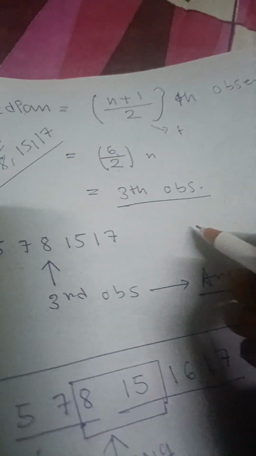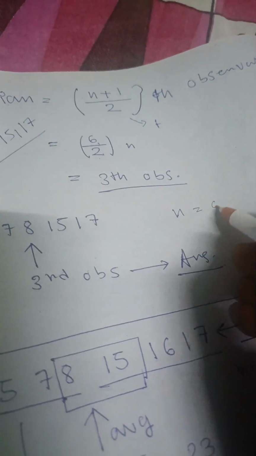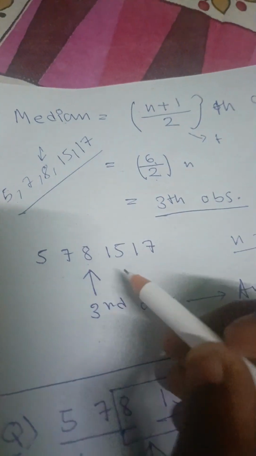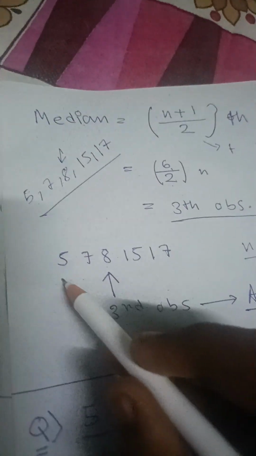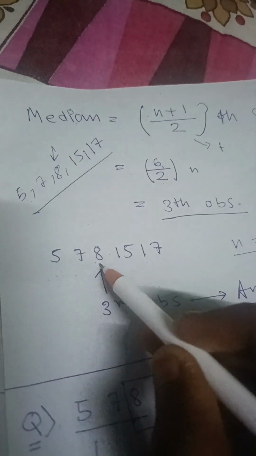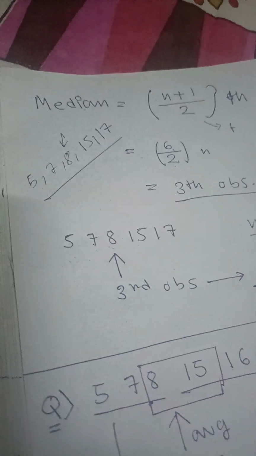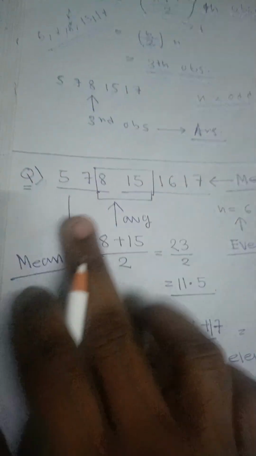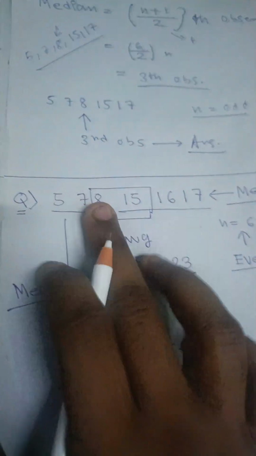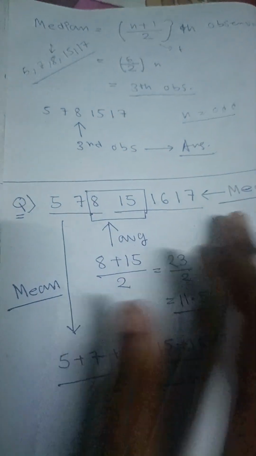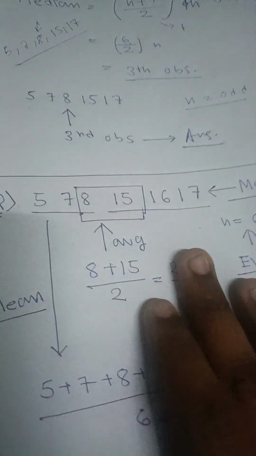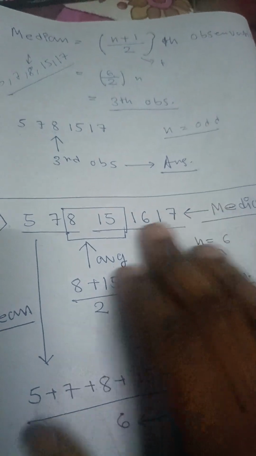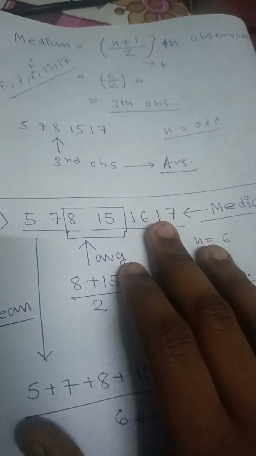For the previous one, n was an odd number, but what do we do for even? Here's the same question with 1, 2, 3, 4, 5, 6, so there are 6 numbers, and we have to find the median.